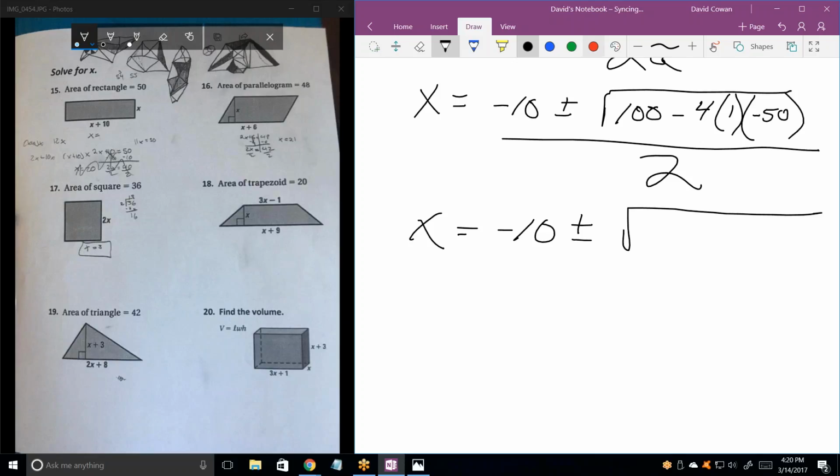So what I suggest everybody do is do that calculation first. All right. What's that equal to? That is equal to negative 200. Okay. So now we have 100 minus a negative 200. So 100 plus 200. Right.